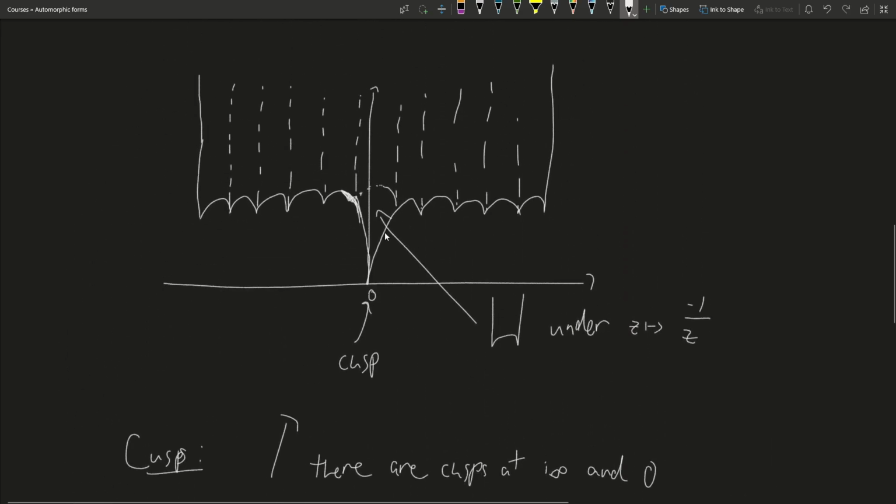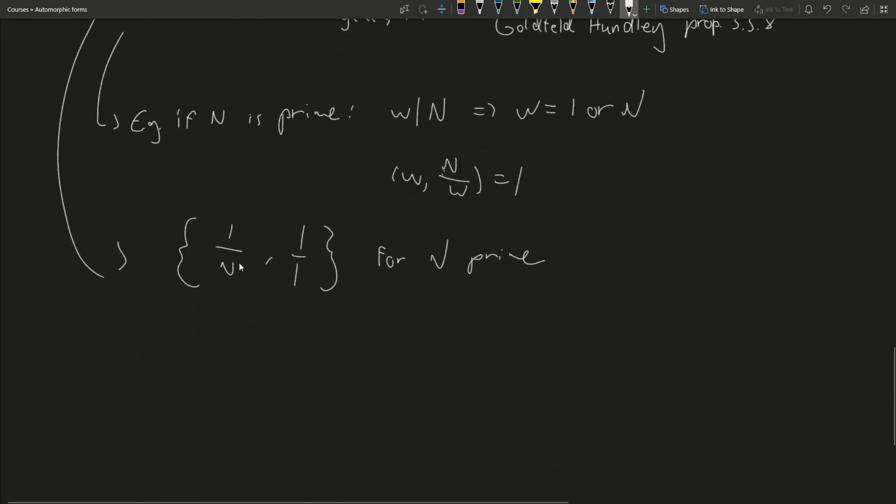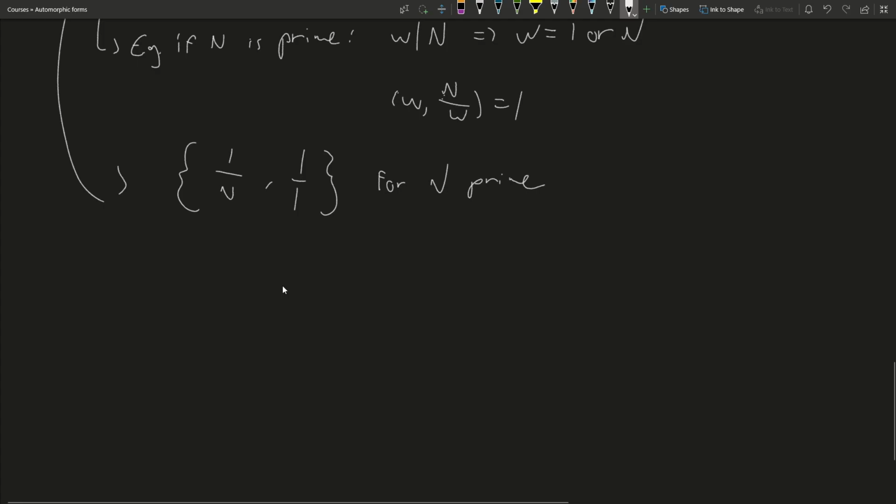Now, up here, we had two cusps, 0 and i infinity. So what's going on? Why do we have 1 over n and 1 here? It turns out that 1 over 1 is equivalent to the cusp 0, and the cusp 1 over n ends up being equivalent to i infinity.